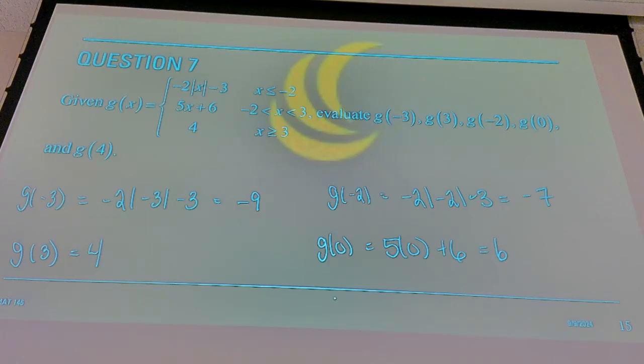And finally, down here, g of 4, what piece? Last one. So what is it going to evaluate to? 4. So you're just applying and putting in. But now you have to look at which piece it's going to go into.